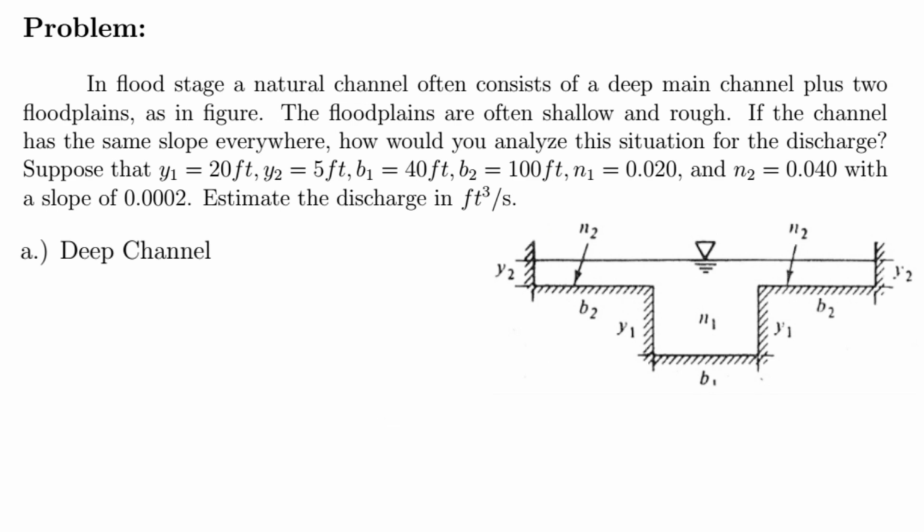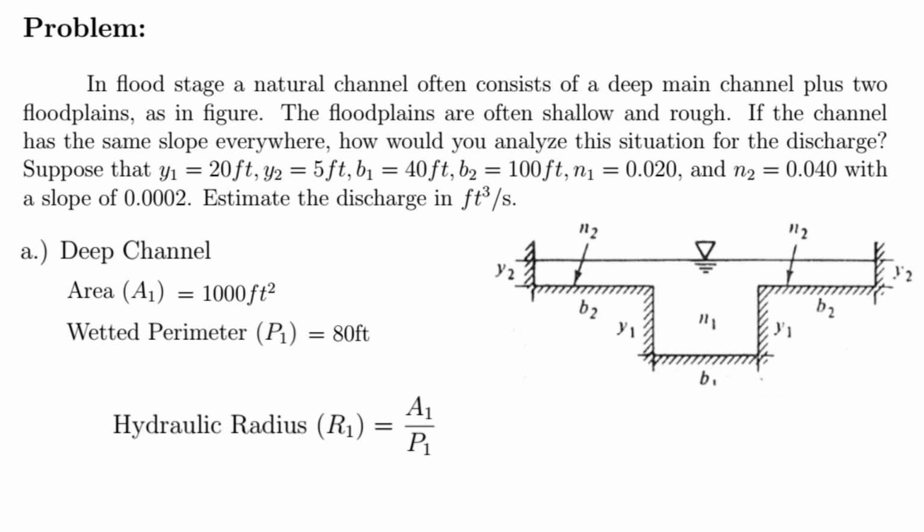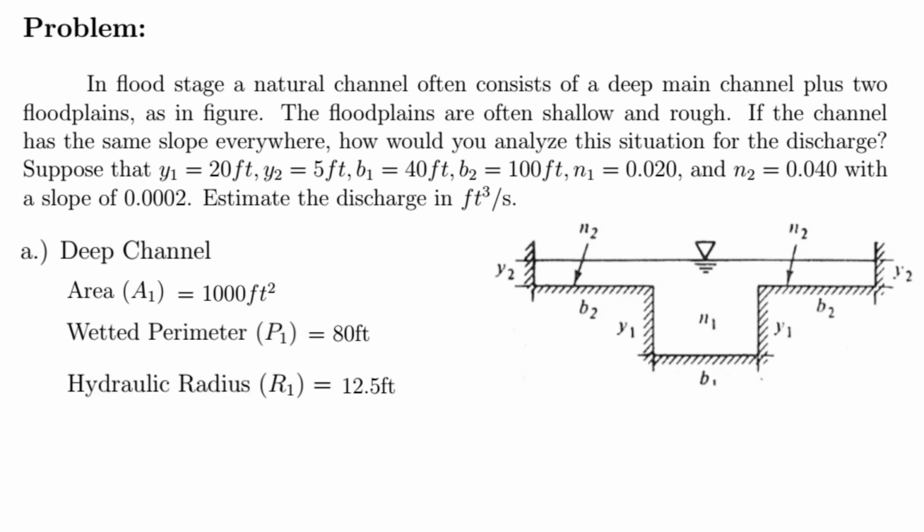Now that we have the value of the cross-sectional area and the wetted perimeter, we can solve for the hydraulic radius that is also required in Manning's equation. The formula of hydraulic radius is cross-sectional area over the wetted perimeter. 1,000 square feet over the wetted perimeter, which is 80, the hydraulic radius is 12.5 feet. Now that we have the unknowns, we can substitute them into Manning's equation.